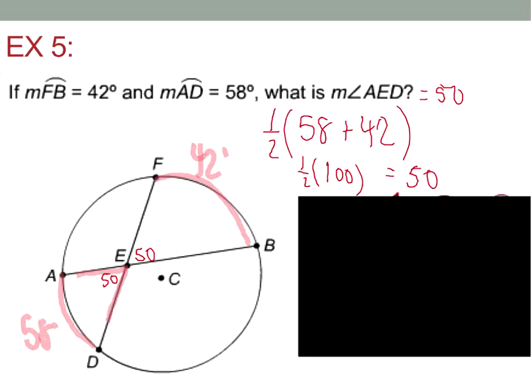I'm going to change colors because now I would like you to find a couple other things on my picture. What about this angle? What about that angle? I also would like you to fill in what about this arc? What about this arc?